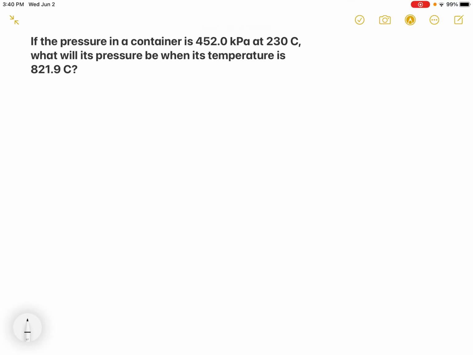So first, we know that this is a problem relating to Gay-Lussac's law, so we'll start off by writing our equation. P1T2 equals P2T1, and then we'll start to set up a data list. So we know the initial pressure is 452.0 kilopascals.